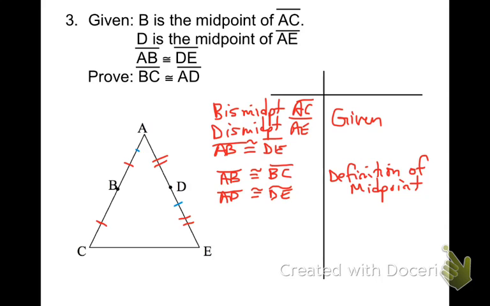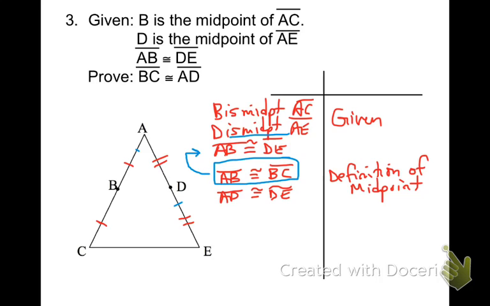So we have a bunch of line segments here that are congruent. What we're trying to prove is that BC is congruent to AD. So if we look at this congruence here, BC is congruent to AB.